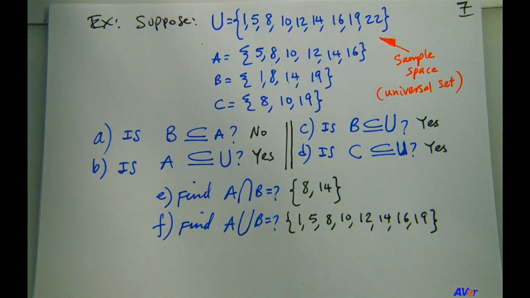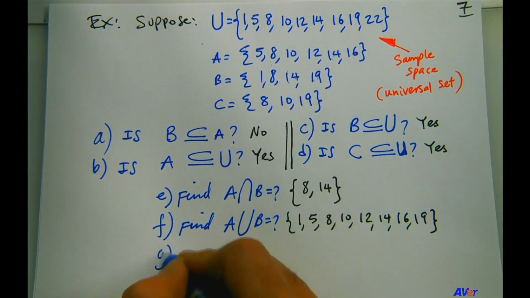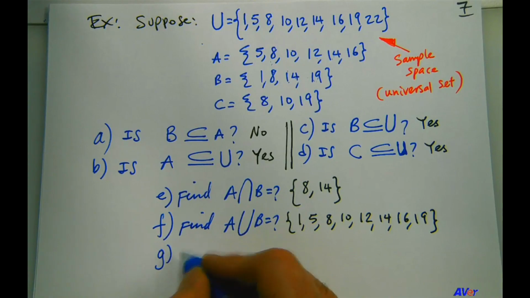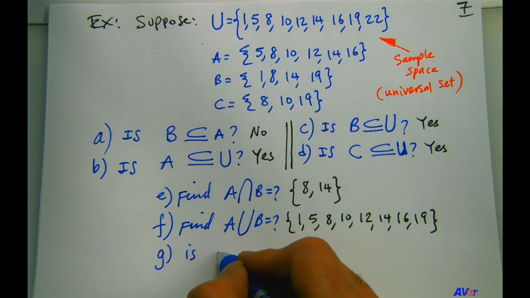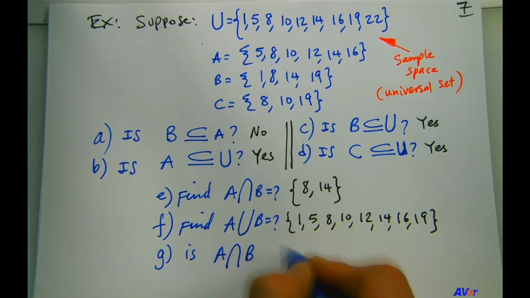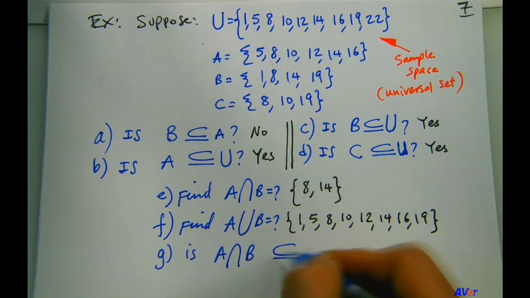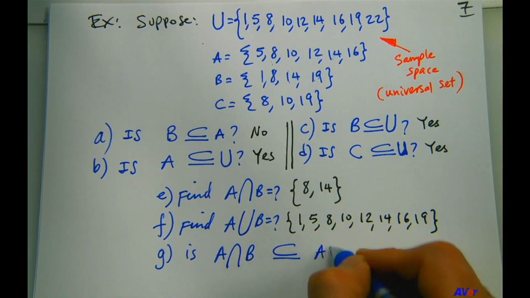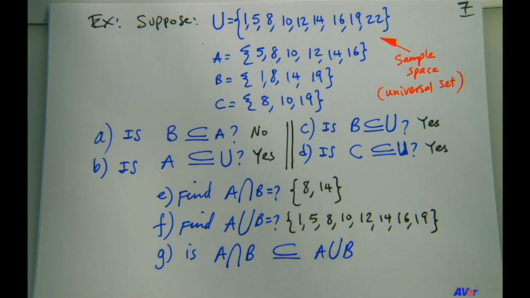Then we want to know, is A intersection B a subset of A union B? We already have figured both.